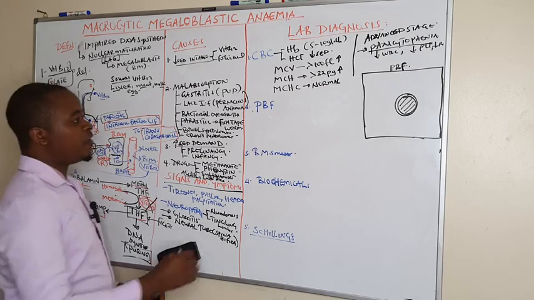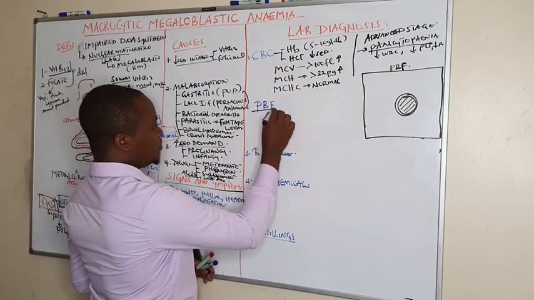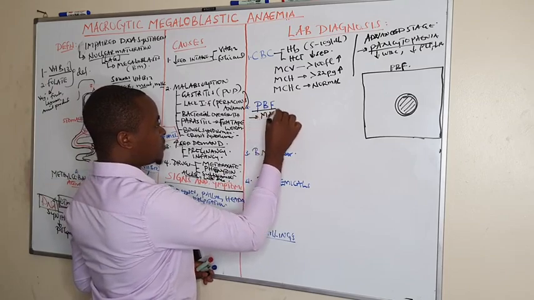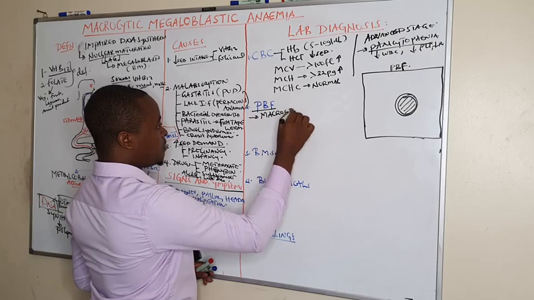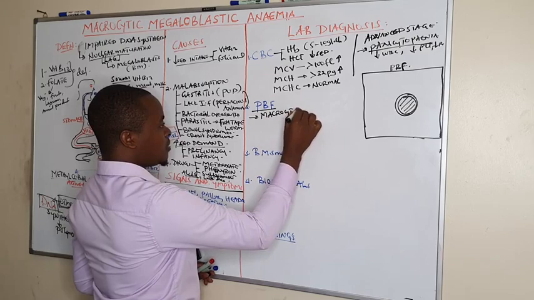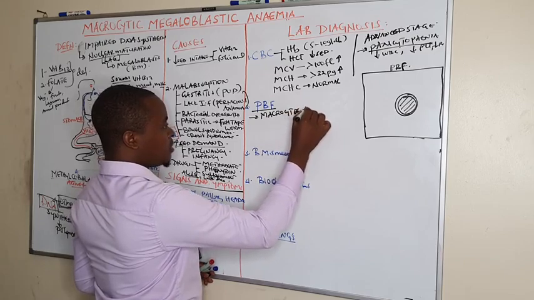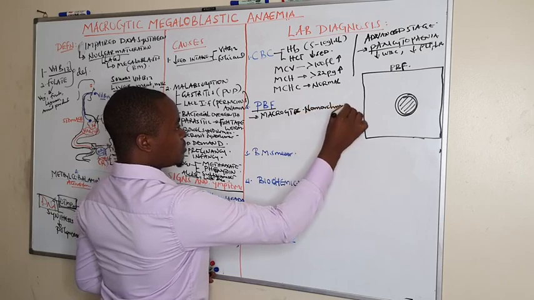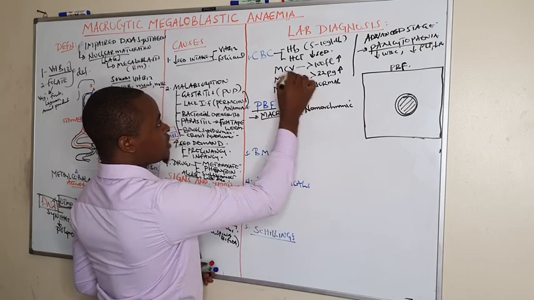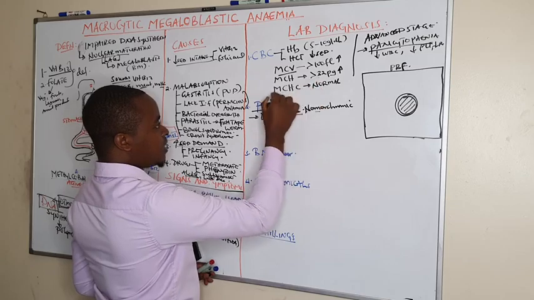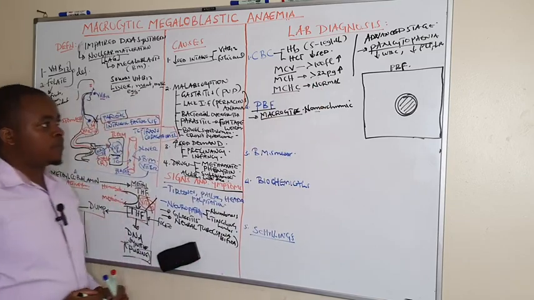Then under peripheral film, here we shall find that the cells are macrocytic. We shall find there macrocytes, normochromic cells. Macrocytic because MCV is high, but normochromic because there is only a slight increase in hemoglobin and MCHC is normal.